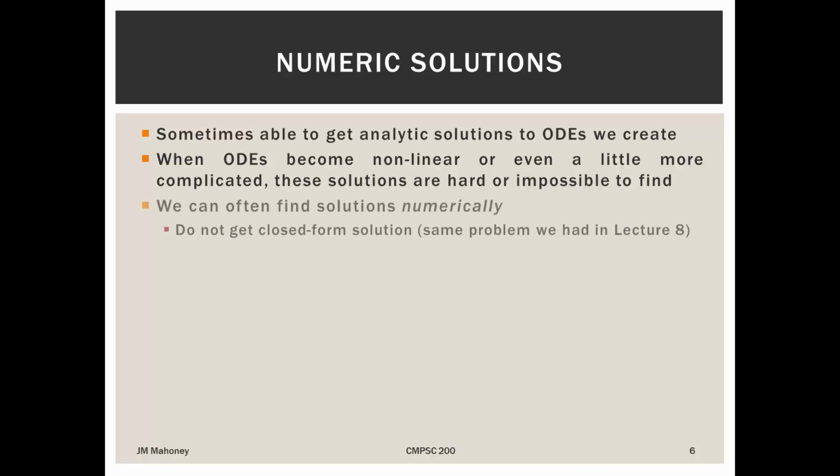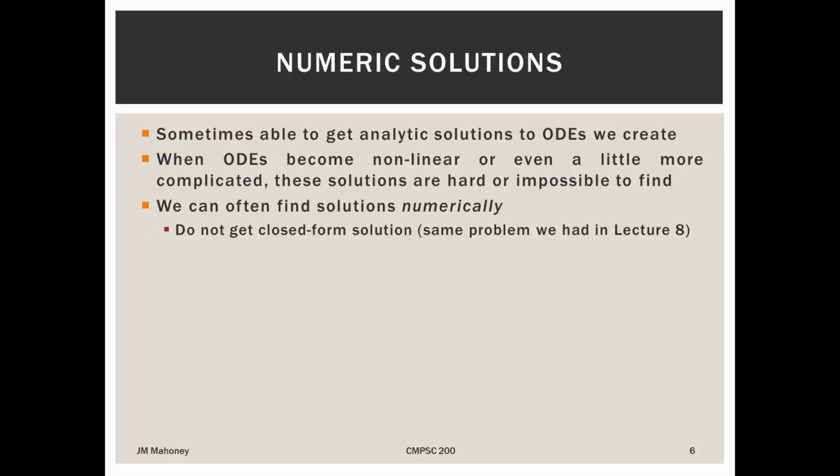So the solution to this, and also the solution to ones we could solve by hand but maybe don't need, is that we can find a numeric solution to them. So we're not going to get an algebraic expression for what x of t is, but we will be able to get at discrete points what that value is.